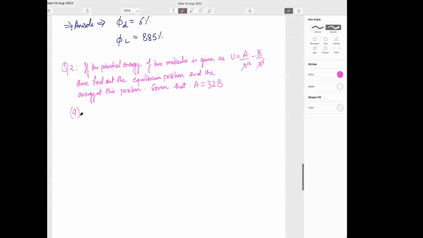So you can calculate the equilibrium position and the energy of this. You need to calculate. Do you know how to calculate it? Or give a try. We'll then discuss it.